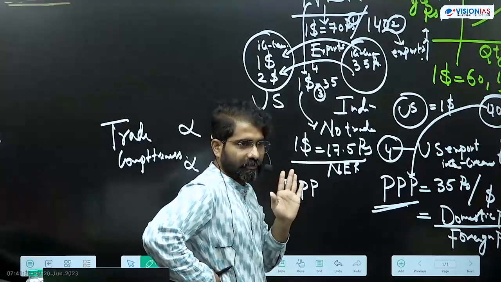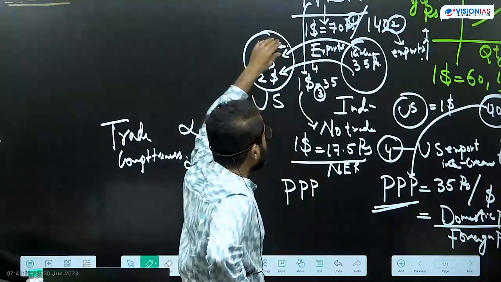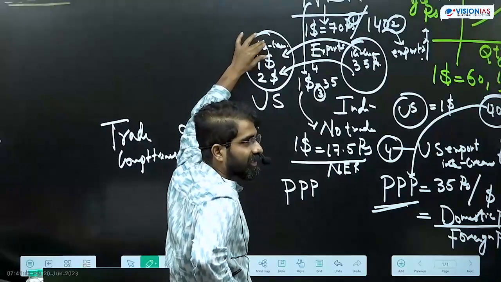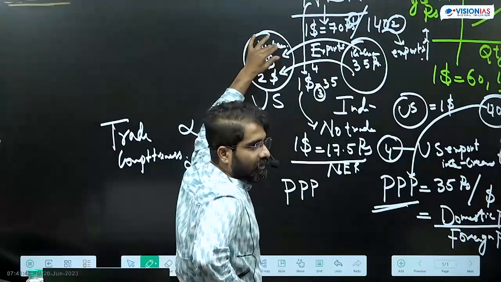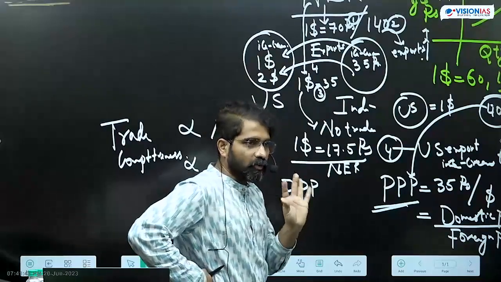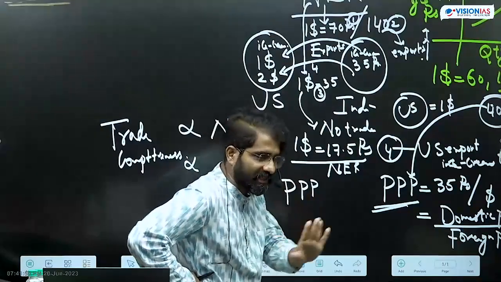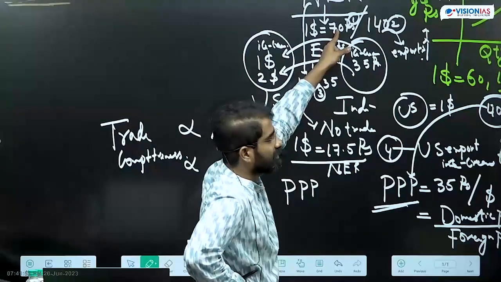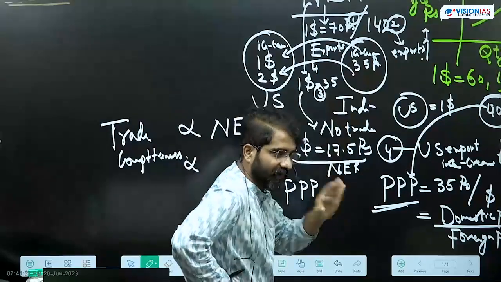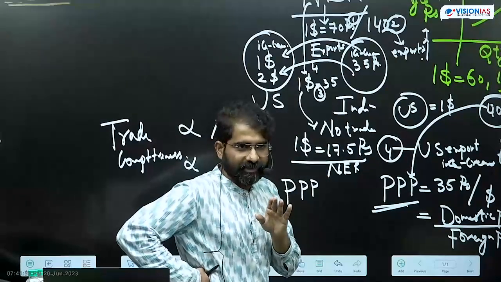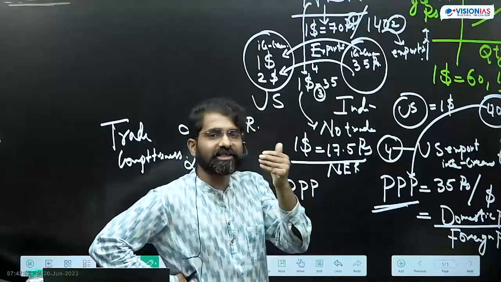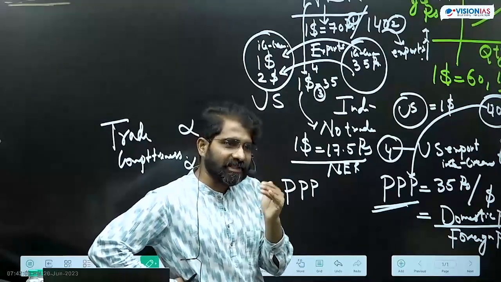Now, if US wants to buy the same ice cream in US, it has to pay $2. Everything else is the same. $1 is how much? 70 rupees. In India, what is the cost of ice cream? 35 rupees. Now, in this case, will US buy more ice creams from India or fewer ice creams from India?